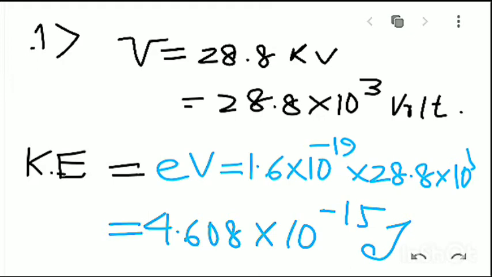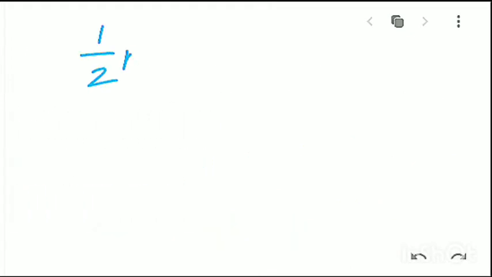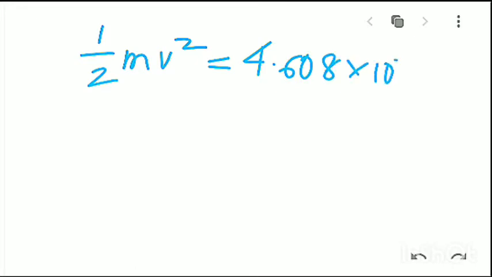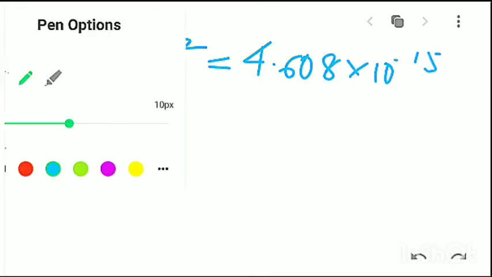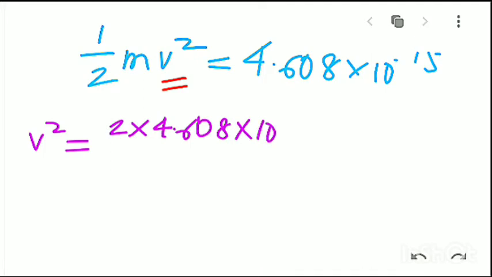So this is the first part. The second part is to calculate the velocity. Of course I know the kinetic energy, and the formula for kinetic energy is half m v square, whose value I've got as 4.608 into 10 to the power minus 15. So the velocity v can be easily calculated because the mass is known to us. So v square equals 2 into 4.608 into 10 to the power minus 15.